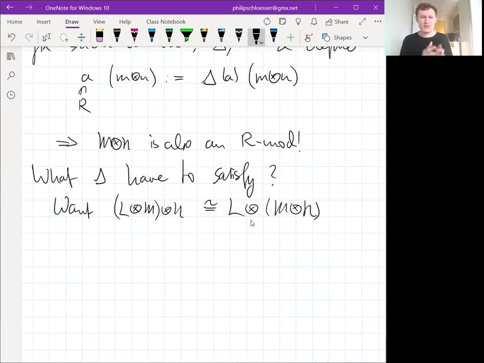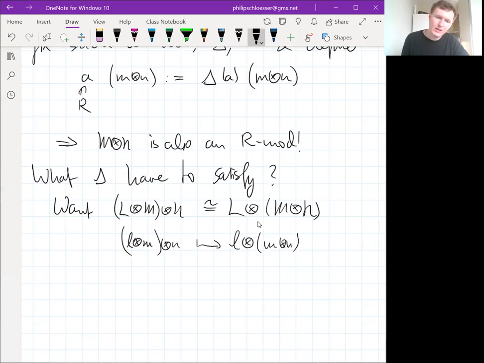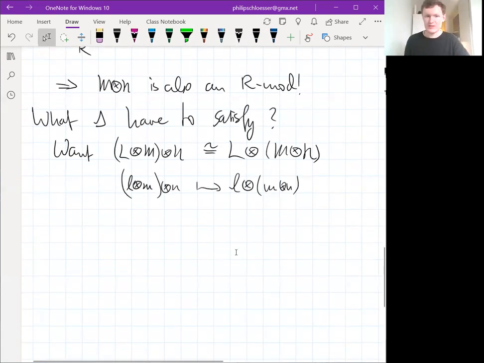And sure, as vector spaces, this just works, but who says that the mapping (L tensor M) tensor N to L tensor (M tensor N) is actually a morphism of R-modules? So who says that it still retains the action of our ring?